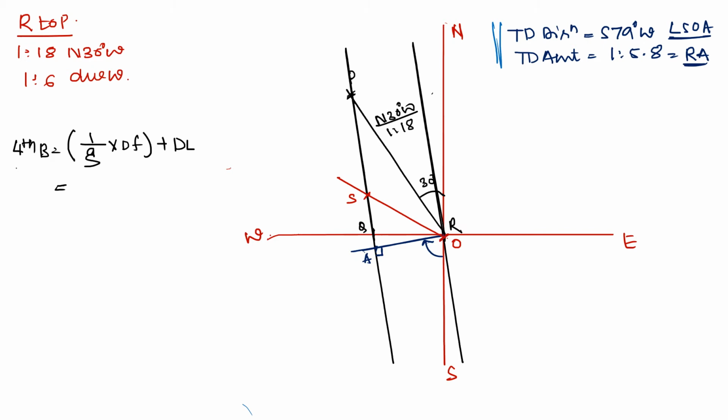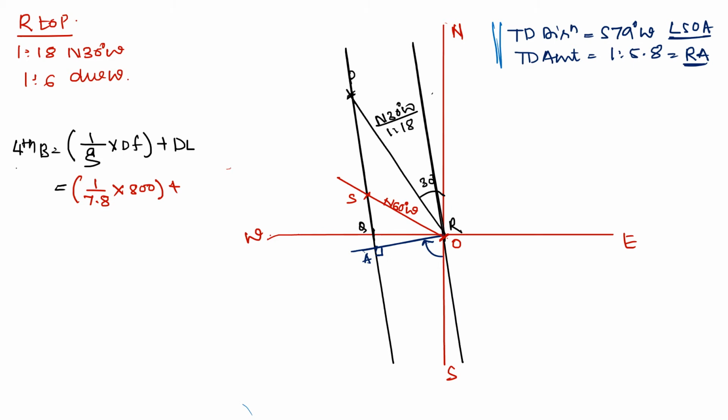So you measure the distance OS. This is north 60 west. According to me, the distance is 7.8. So 1 by 7.8 into dF. dF is nothing but the distance of the fourth borehole, that is given already, that is 800, plus dL, the depth of the least borehole.